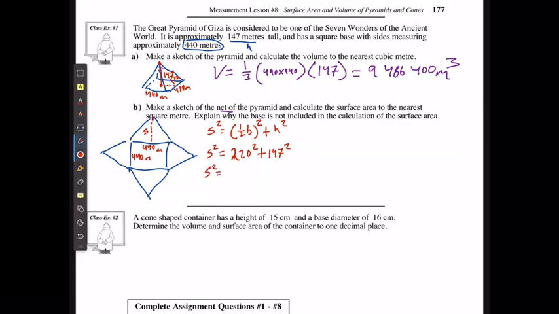S squared is going to be 70009, which means S is going to equal the square root of that. And that's going to be about 264.59.